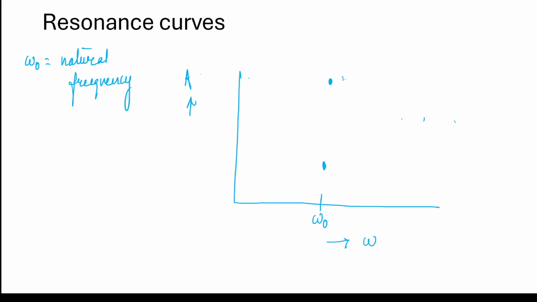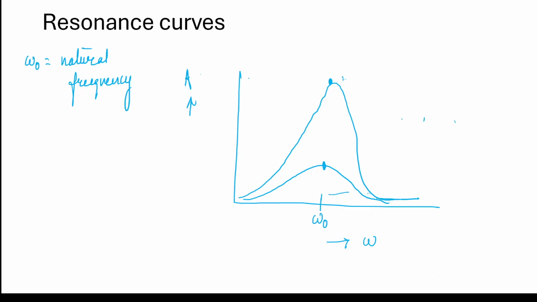If it is very small damping, then the amplitude would rise hugely at the angular frequency equal to the natural frequency. If the damping is very high, the amplitude will not be able to rise that much. And at other frequencies, as you can see, the amplitude has come down now.